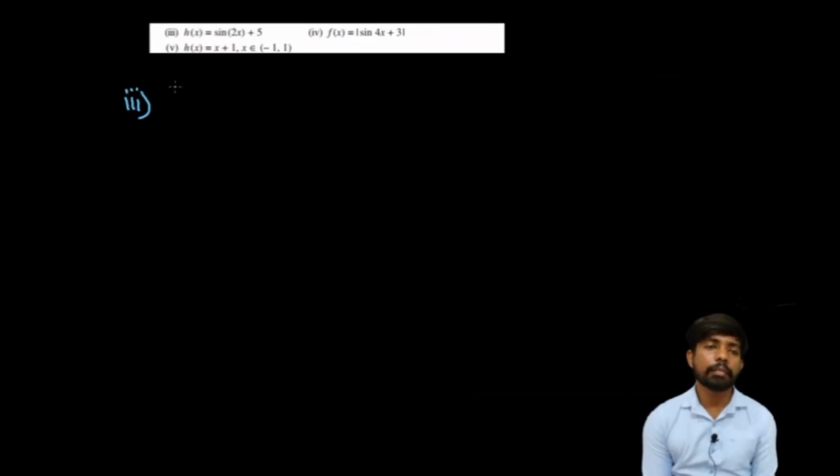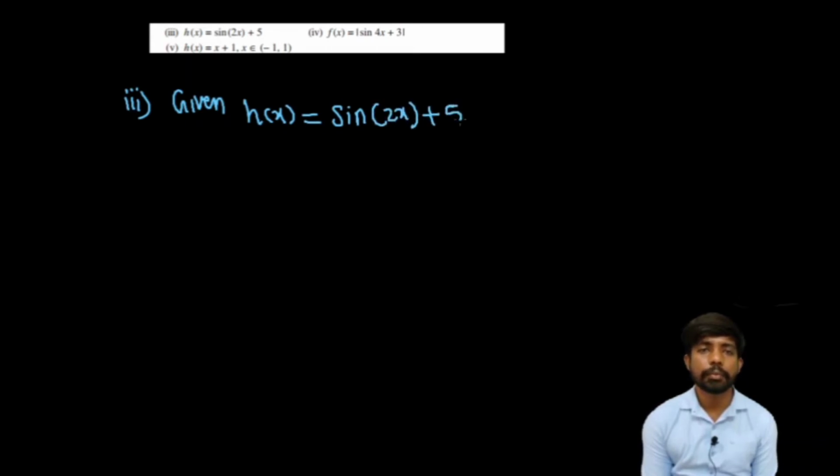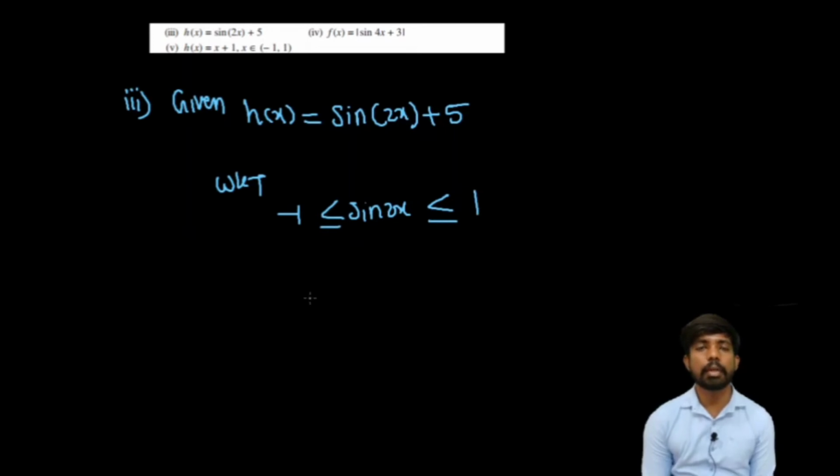Here we have a given function h of x is equal to sine of 2x plus 5. Now we know that the range of sine 2x always lies from minus 1 to plus 1.